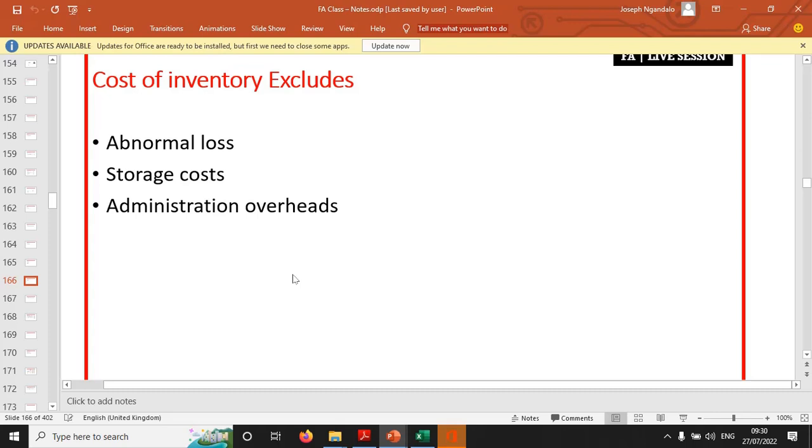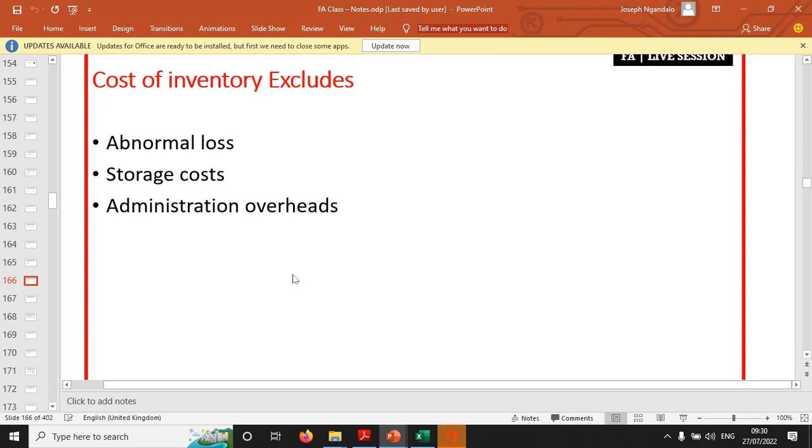And the administration overheads, such as the cost that you pay an accountant to help you to do cost accounting, or help you to arrive at the value of stock. All those things should not be included in the cost of inventory.